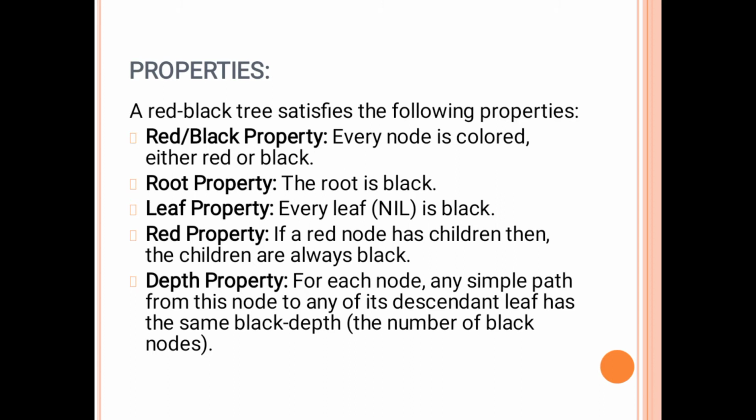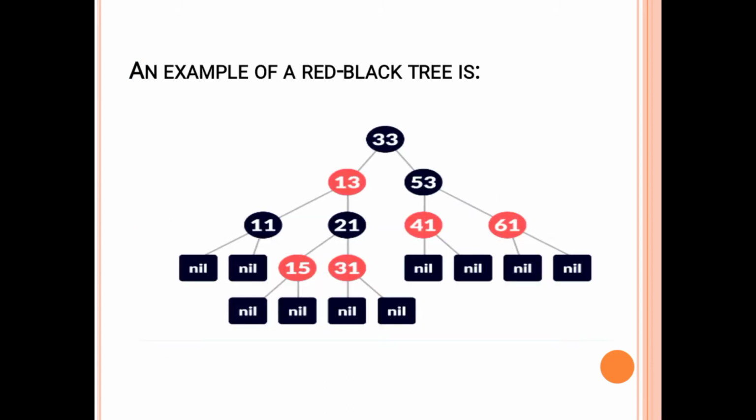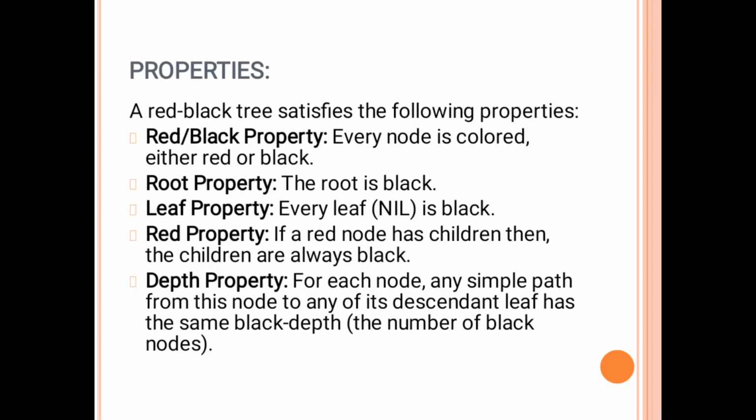How many black nodes are there? Here the black nodes are 2, 1 and 2. This is the fifth property we maintain. At each level we maintain the black nodes. This is the black height. These are the five properties of the red black tree.